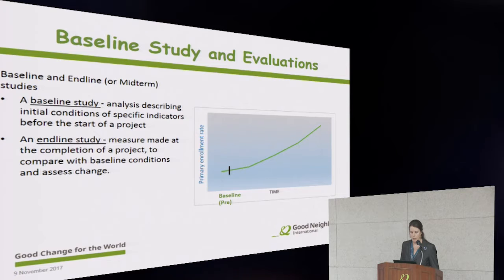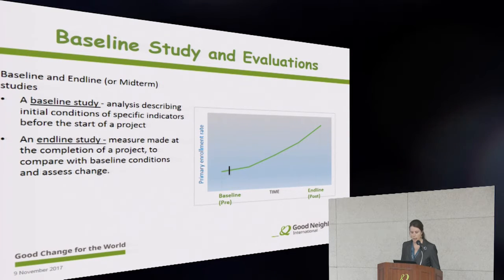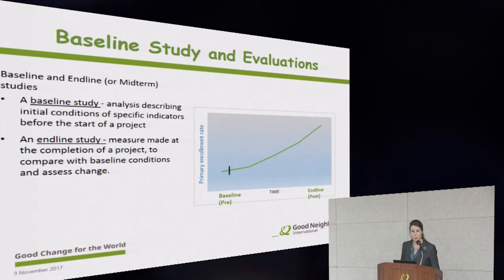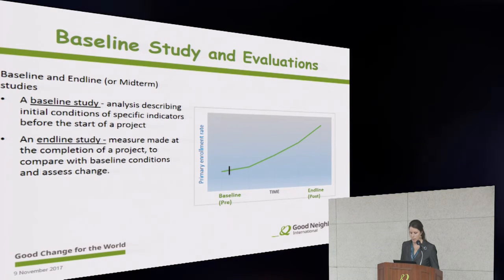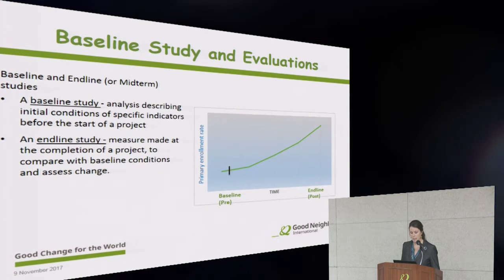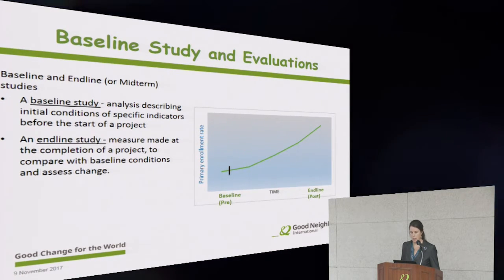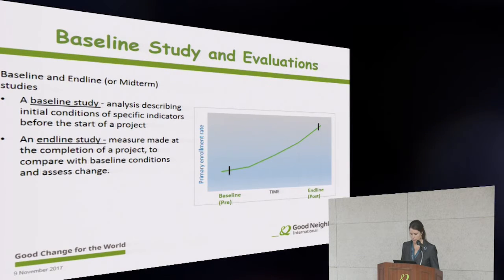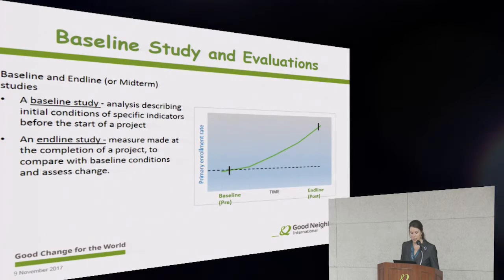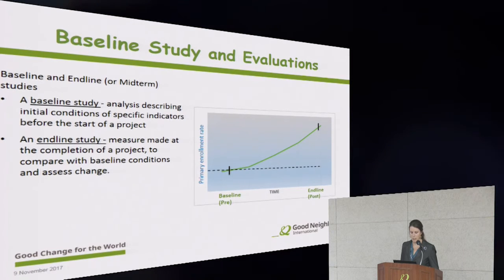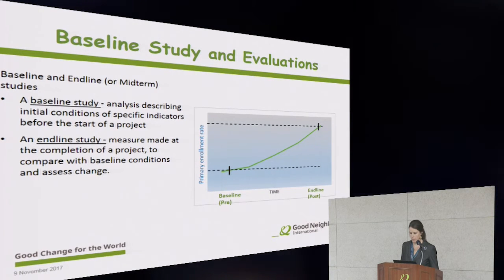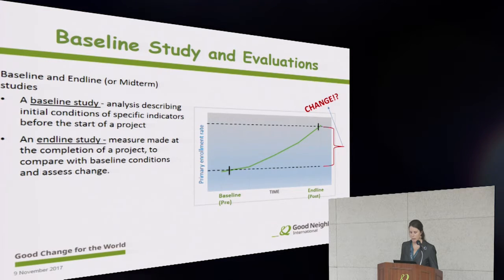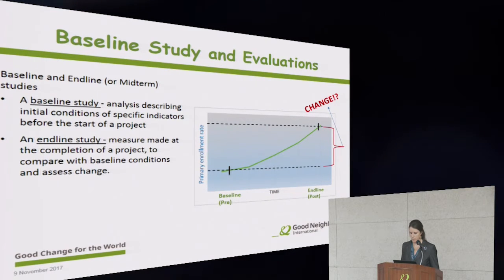Then, several years later, after we've been working really hard with our community on increasing the primary enrollment rate, we collect data again at endline, so post-intervention, and we find that the data has gone up to here. So now we can compare pre-intervention and post-intervention, and we can actually see that there's been a change. We can actually see results.